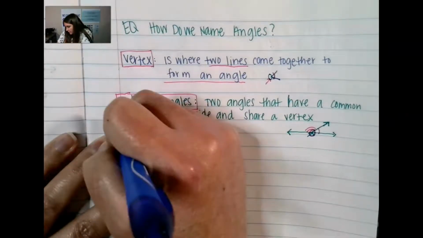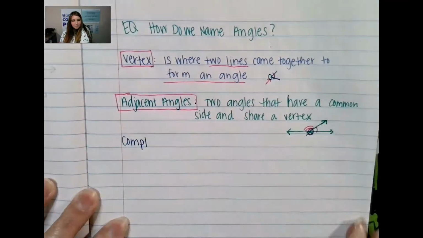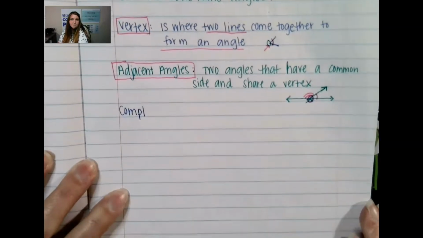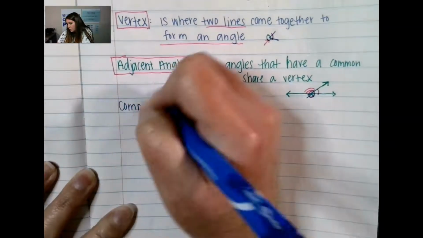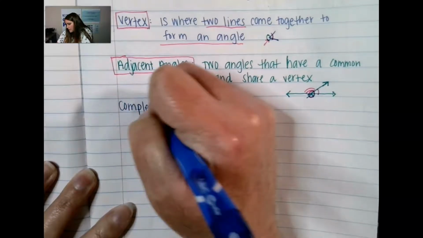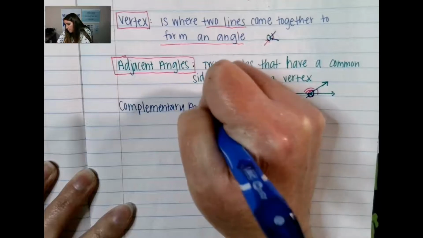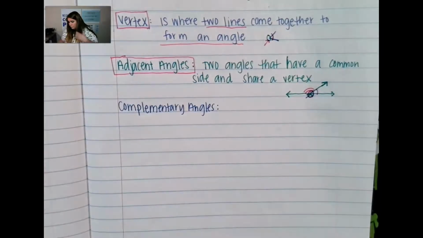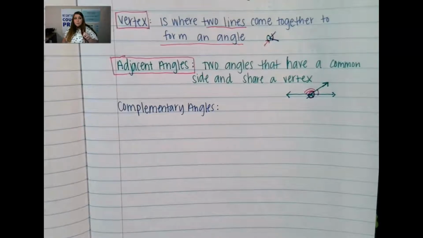People like to make funny jokes and say that complementary angles are super nice angles because they're super sweet and they give compliments to each other. But really, complementary angles are two angles that, when they come together, form a 90-degree angle.